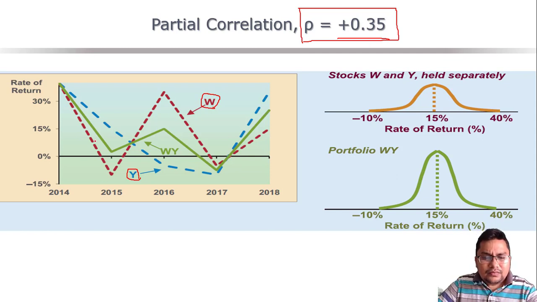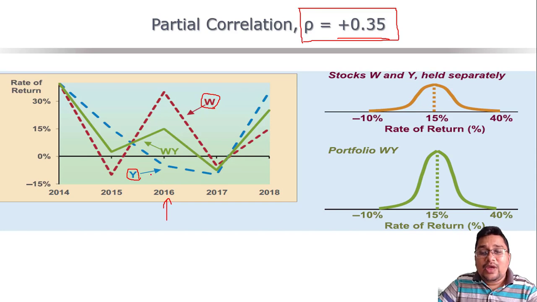So let us think about 2016. The return of W has increased to close to 33% or so, but the return of Y has not decreased as much as it has decreased in 2017.